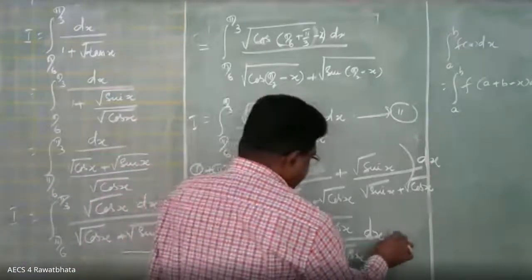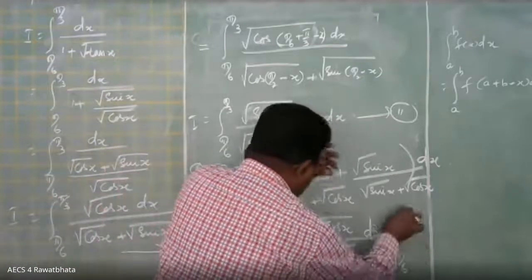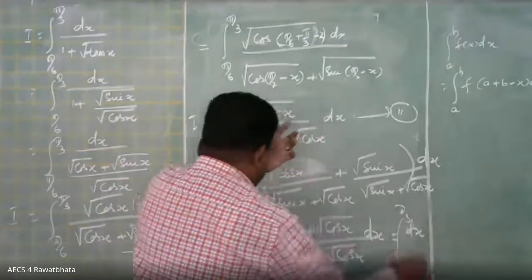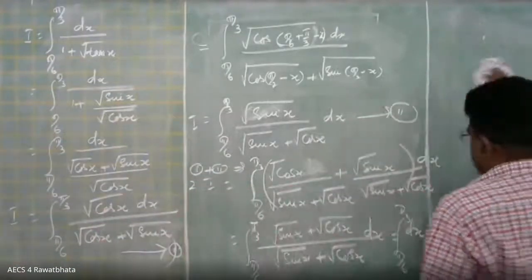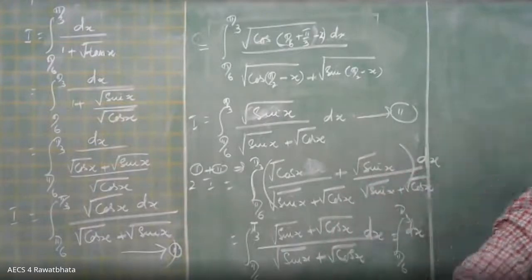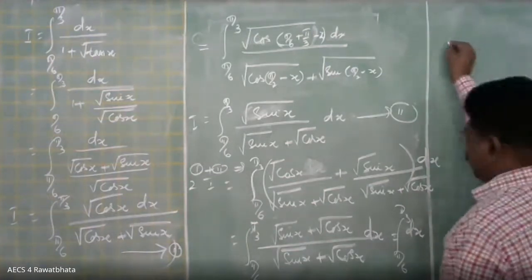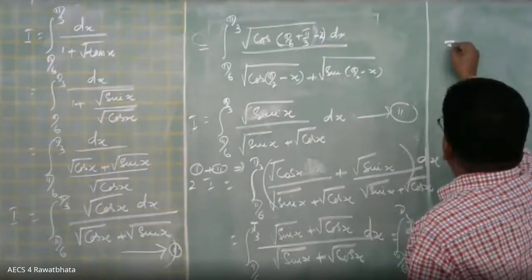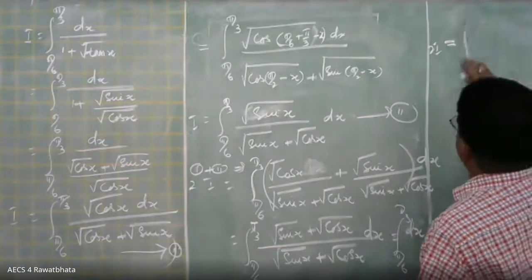So this is equal to, cancel, dx. Correct? Now, apply the limit.